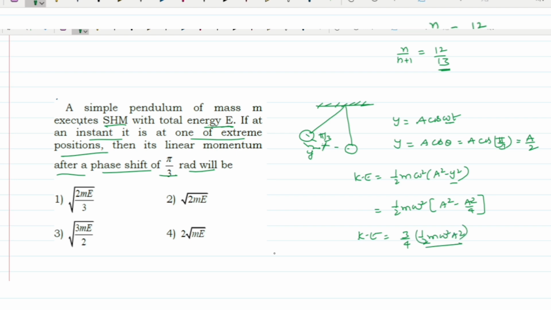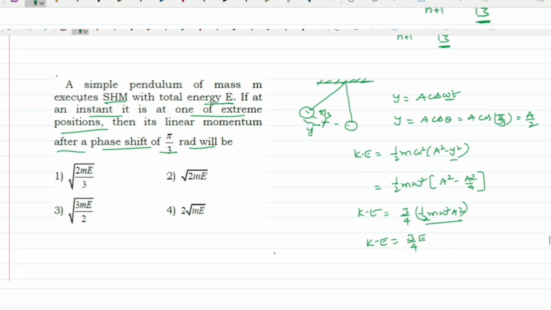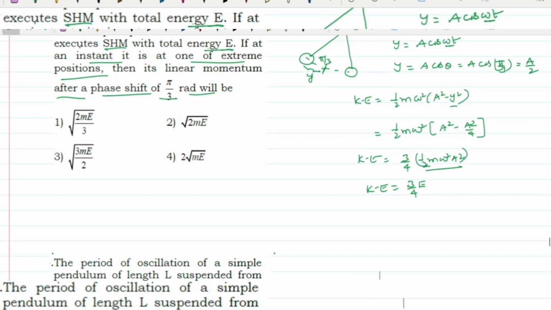Half m omega square a square is nothing but the total energy of the simple harmonic motion, so the kinetic energy is 3 by 4 of E. Now they are asking for the linear momentum at that point.